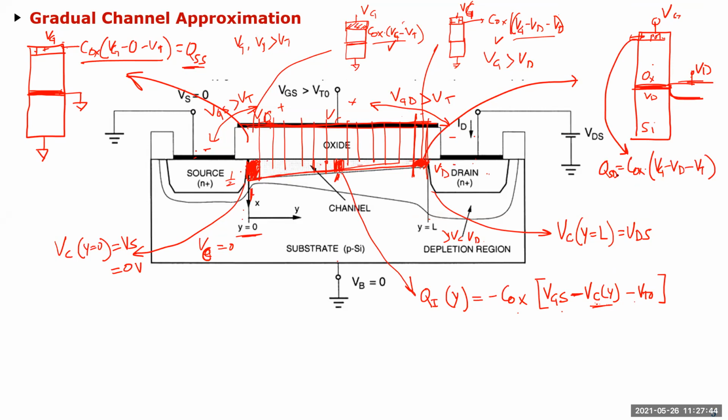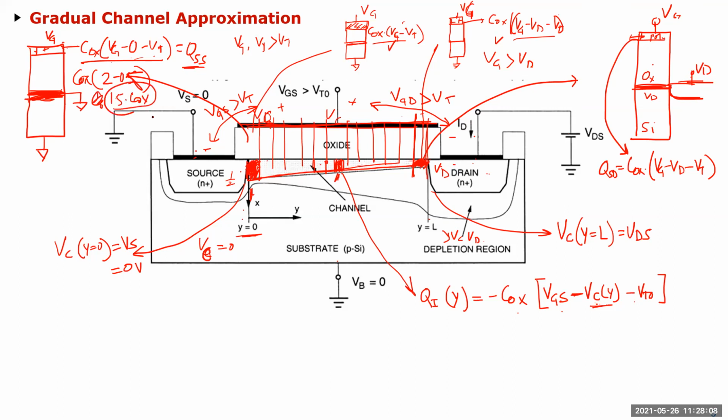So that's why at this end your charge density is higher, because it's VG minus VT. Let's take an example. Let's say VG was 2 volts and VT was 0.5 volts. Here it will be Cox times 2 minus 0.5, so the charge will be 1.5 times Cox.